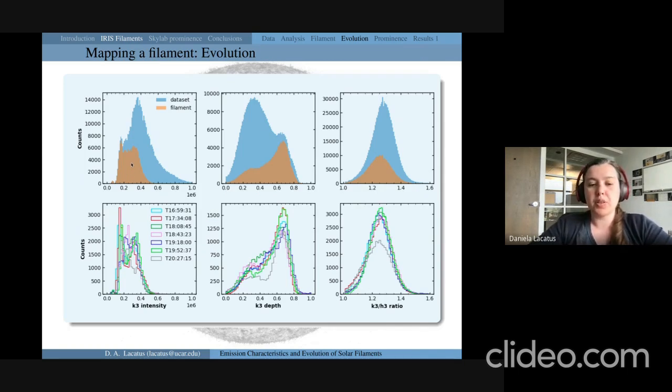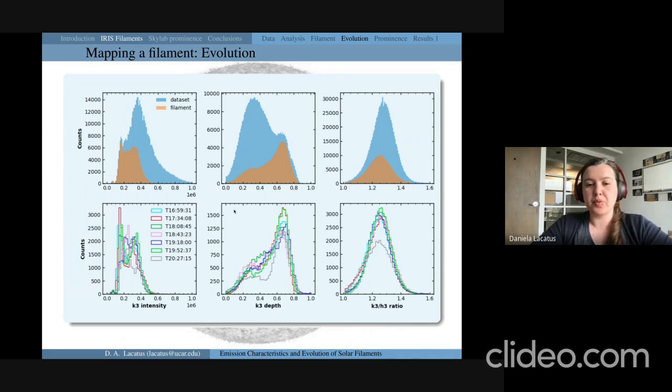So the filament itself has overall a very low K3 intensity, or H3, because these two are similar to each other. The depth of the central reversal is very high compared to a more typical observation, and the ratio between the H and K is very low, meaning that the optical depth is high.